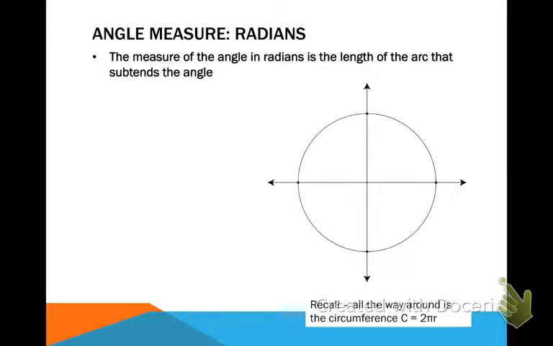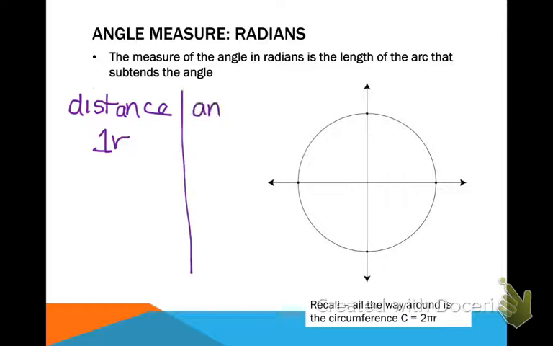Now, how do we end up with 2 pi radians in a circle? So let's make a little chart. We see that if we walk a distance of 1 times the radius, whatever that is, it could be 5 inches or 20 miles, whatever the radius is, you've created a central angle of 1 radian.